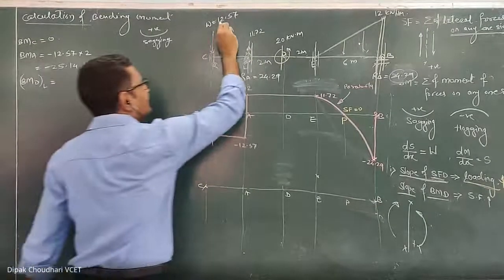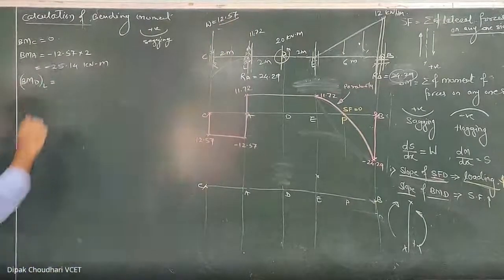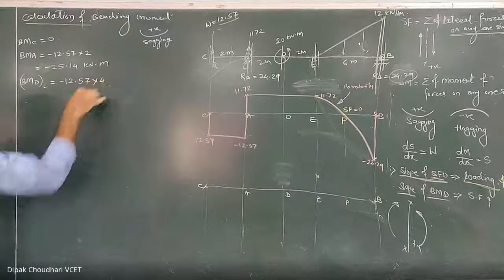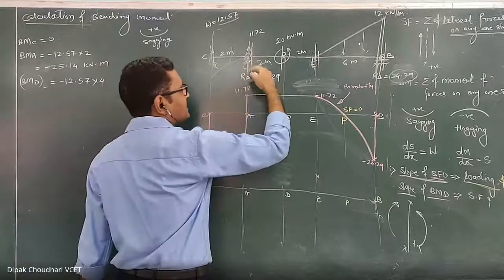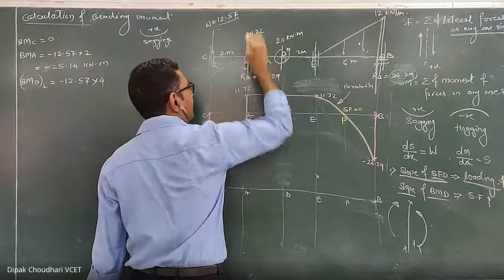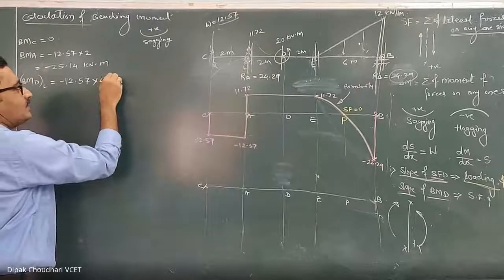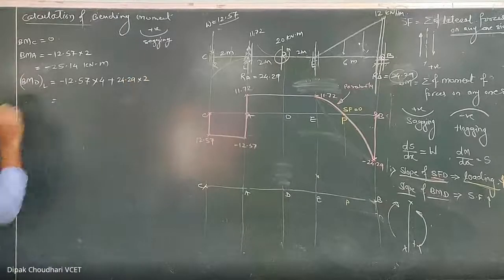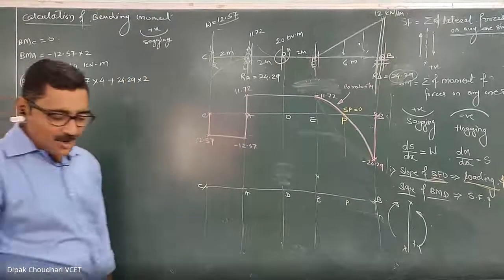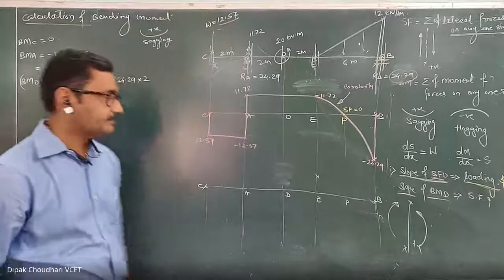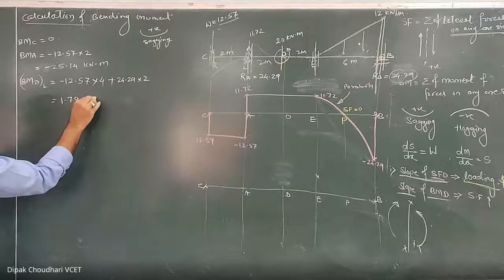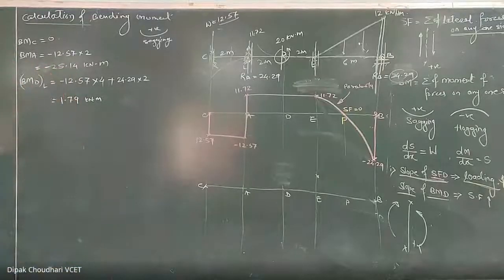Here, this 12.57 force produces the hogging moment, so it is minus 12.57 into 4, and this RA, which is acting upward, produces a sagging bending moment, so it is plus 24.29 into 2. Calculate and tell me how much that bending moment is. Is it 1.79 kilonewton meter? Yes, sir. Okay, that is the bending moment at point D on the left side.